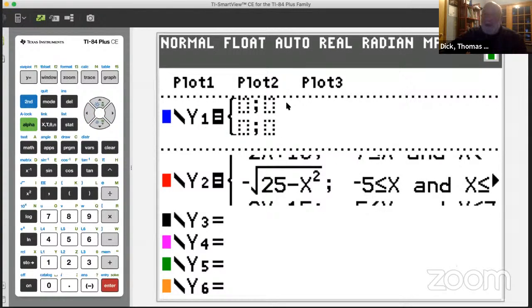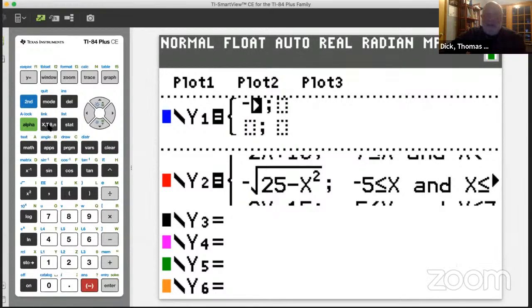And it sets up a nice little template for me where I can put the formula for each piece as well as the part of the domain for which that formula will be valid. Okay. So I'm going to put in a formula. Let's put in the opposite of x.